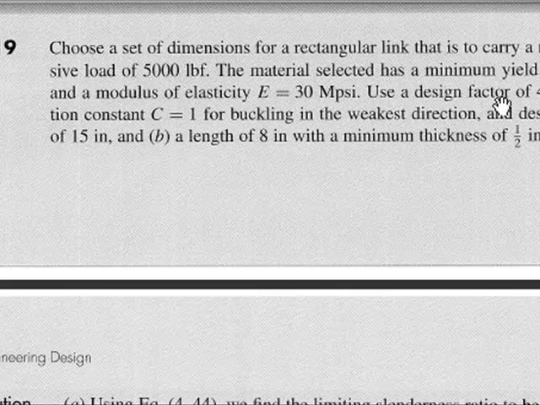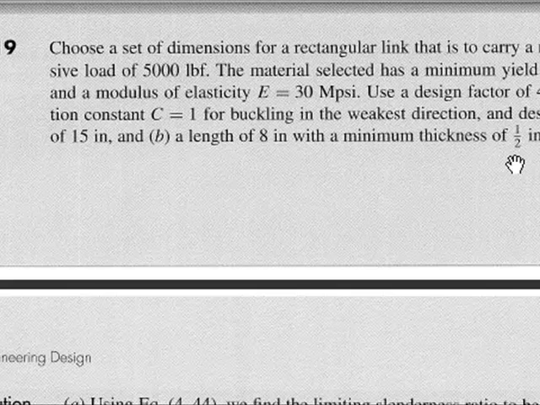We're going to come up with the design, first of all, in Part A for a column that has a length of 15 inches. And then we're going to come up with a design for a column that has a length of 8 inches. It may be that the 15-inch version is more Euler-like. It may be that the 8-inch version is more Johnson-like. We'll see. And we're going to have a minimum thickness of 1/2 inch. We're not going to let dimensions go less than that.